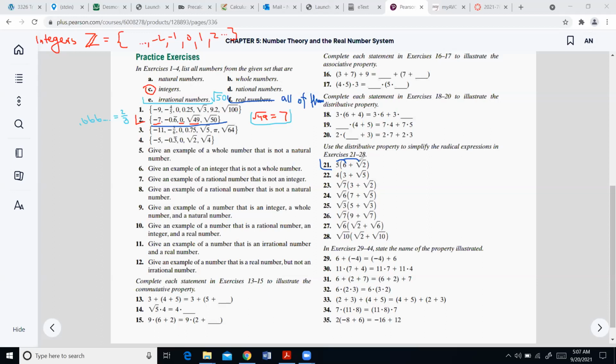That's how we get rid of the parentheses. We distribute. So I multiply 5 by 6 and I get 30 here, 30. And then I also multiply 5 by a square root of 2, so it'll be plus 5 times square root of 2. So to distribute means we just multiply the number outside the parentheses by whatever's inside, like that.